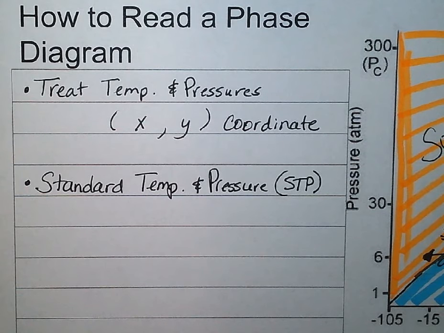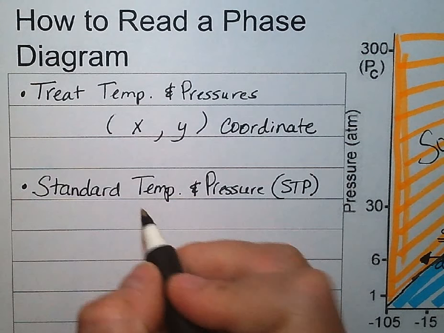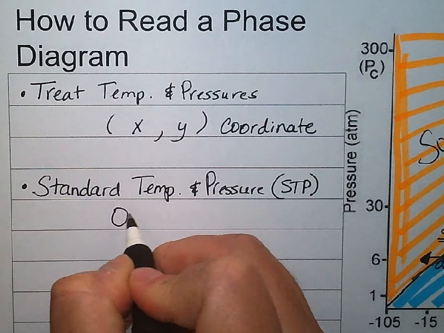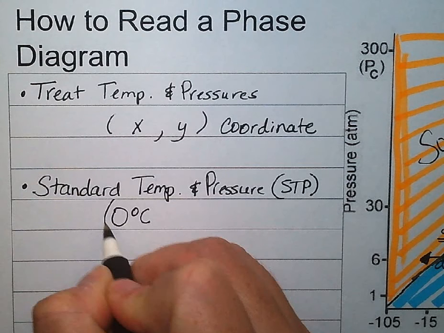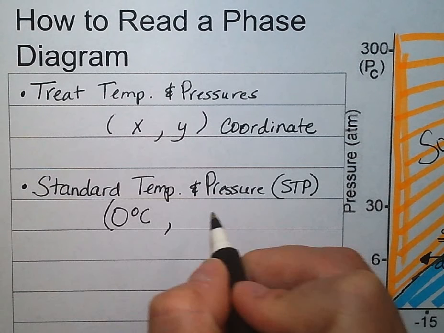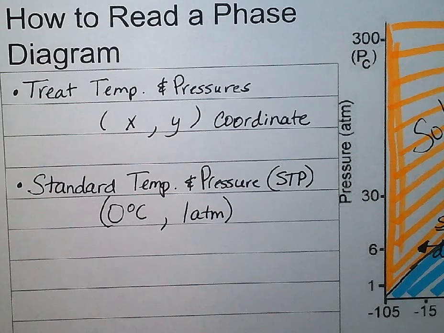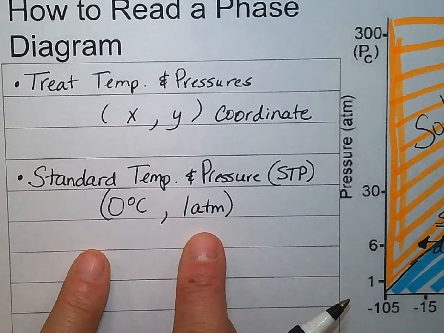Well, you've got to know what standard temperature and pressure are. Standard temperature is 0 degrees Celsius, and pressure is 1 atmosphere. Not too hard. Remember, we're at 1 atmosphere pressure. We're not at 0 degrees Celsius because that's where water freezes, but we're at room temperature.